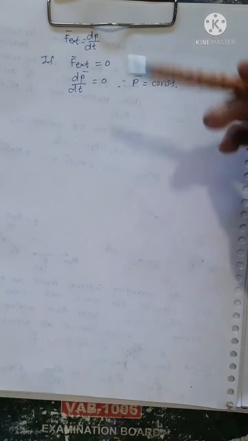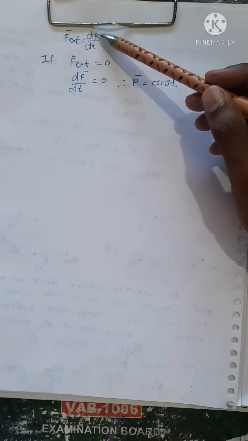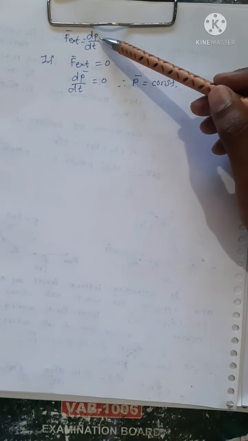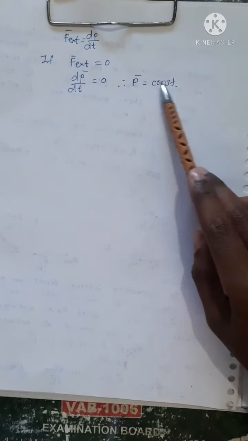So we get the equation F external is equal to rate of change of momentum. So if the external force acting on a system of particles is 0, then P bar is constant, so it is conserved. Now we can say the vector sum of momenta of all the particles in the system remains constant when the external force acting is 0.